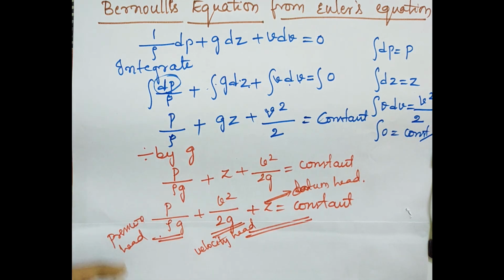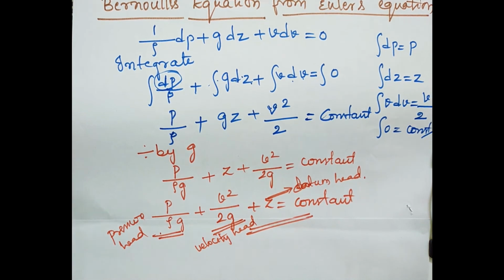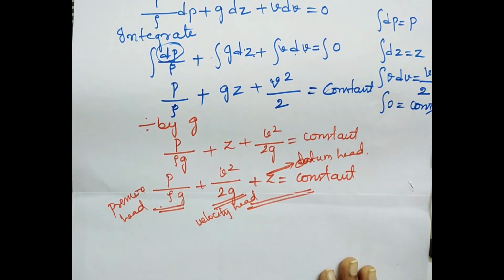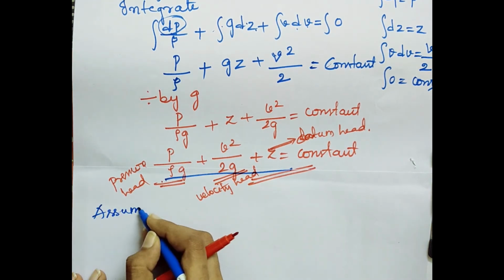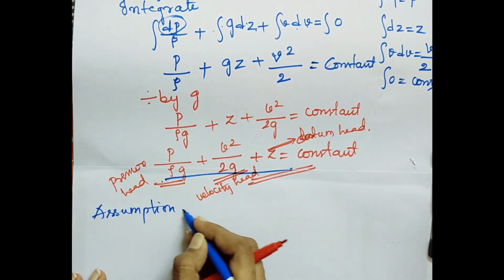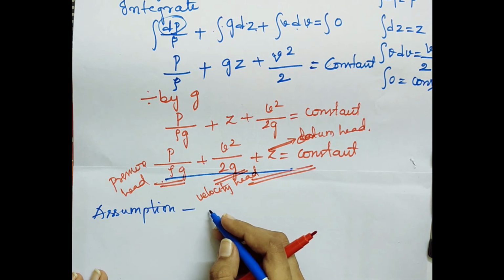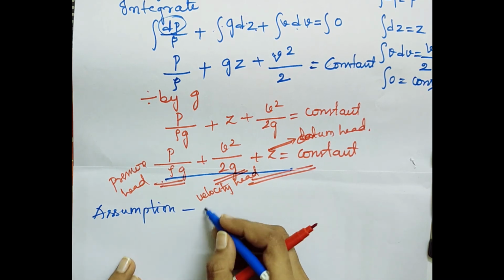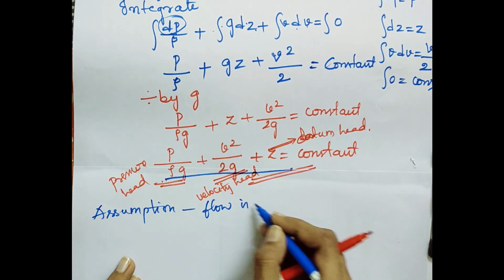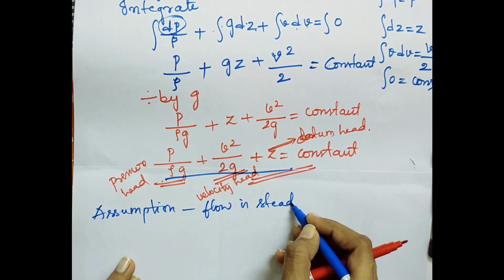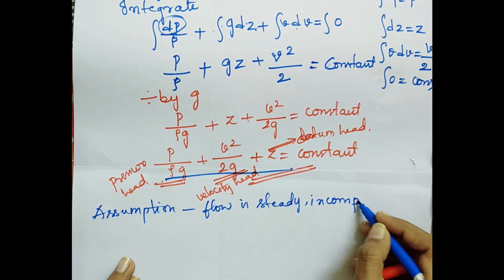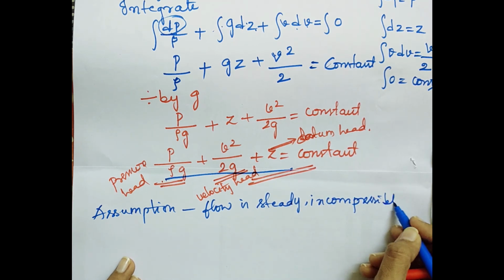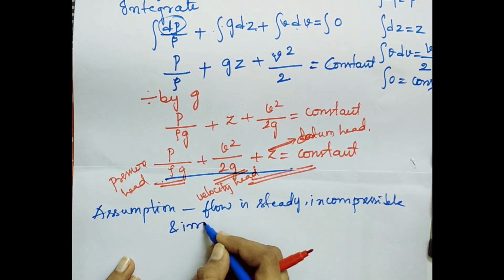And here, to obtain this Bernoulli's equation, we have certain assumptions. The assumptions which are made to obtain this Bernoulli's equation are: the flow is assumed to be steady, incompressible, and irrotational.